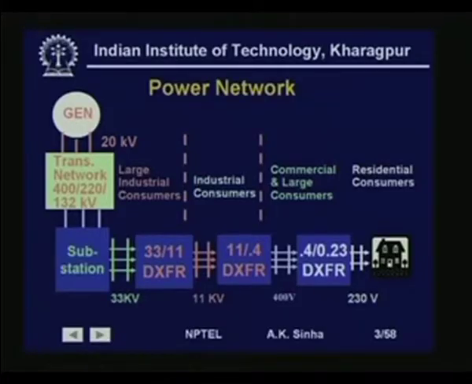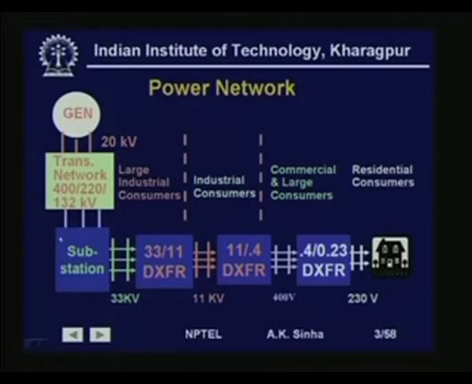For transmission, since we are transmitting a large amount of power over large distances, we need to transmit it at very high voltages, and therefore, we need transformers to step up this voltage from the level of 11 to 25 kV to a much higher voltage of the order of 132 kV or 220 kV or 400 kV, depending on the amount of power to be transmitted and the distance over which it has to be transmitted.